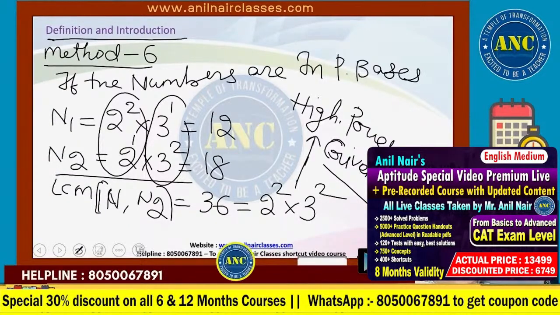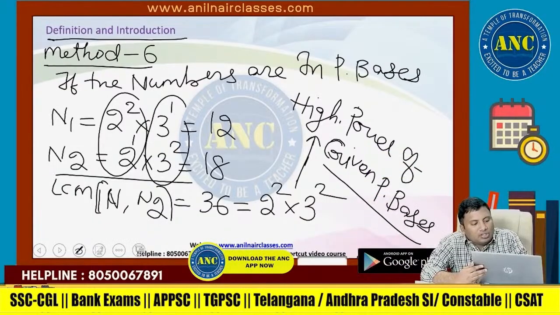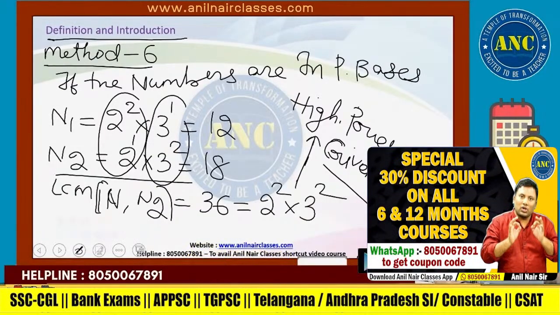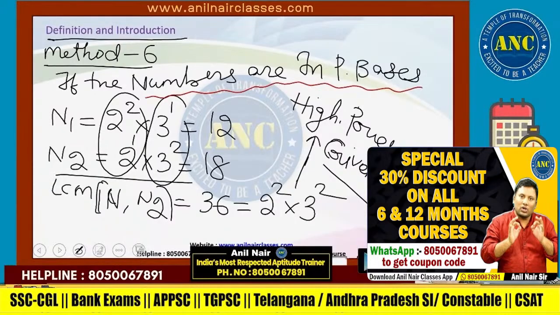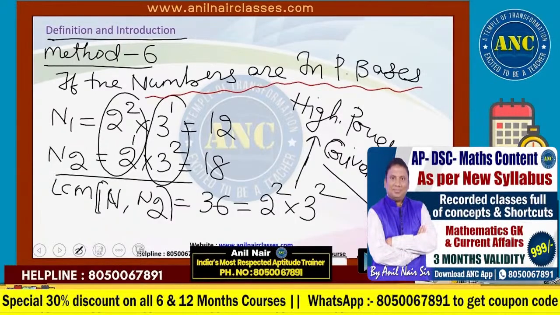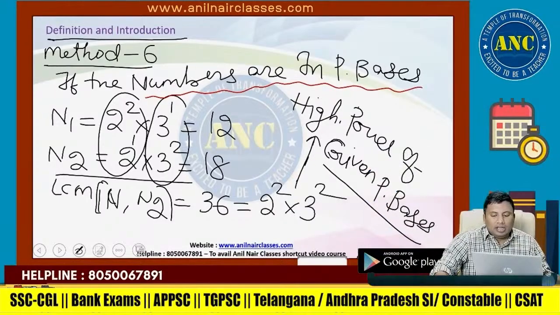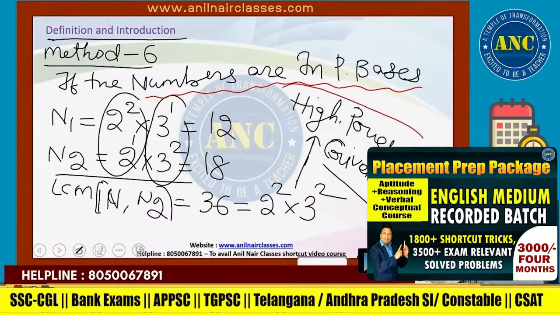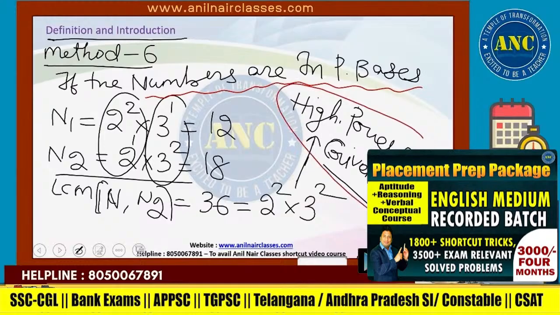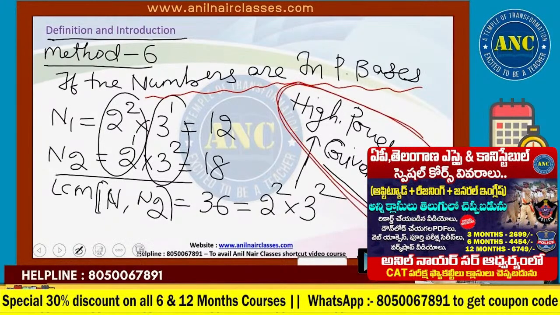When this method is used, if the numbers are in prime basis, LCM always takes the highest power of the given prime basis.